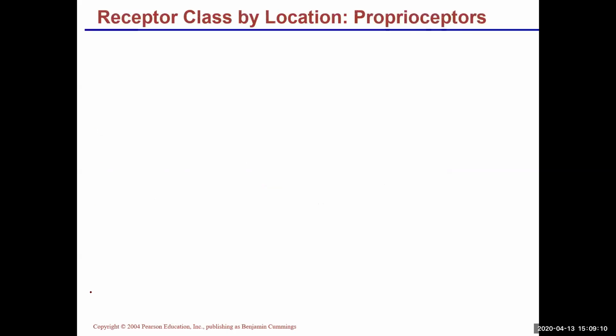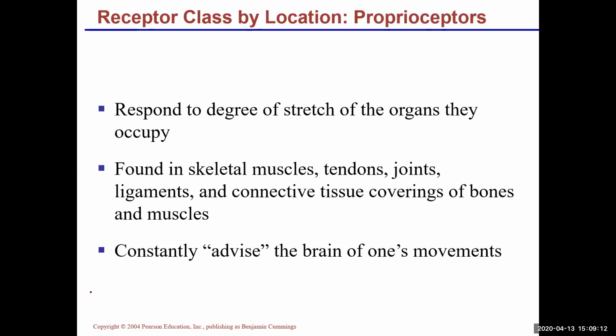Next up, we have proprioceptors. Based on location, proprioceptors are always in skeletal muscle, tendons, joints, ligaments, things of that nature. Basically, they advise the body about your movement, so that you can coordinate the movement. You don't pull or damage the tendons or ligaments, or damage your joints as you're using them.